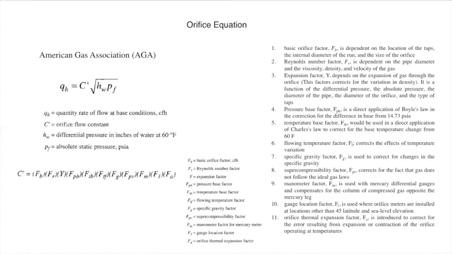In a similar manner, there are a lot of factors which can be found from the diameter of the pipe and the diameter of the orifice, and there are certain corrections which need to be incorporated in order to find out C dash. Once this C dash is found, you will be able to find out the quantity rate of flow that is flowing through the pipeline.